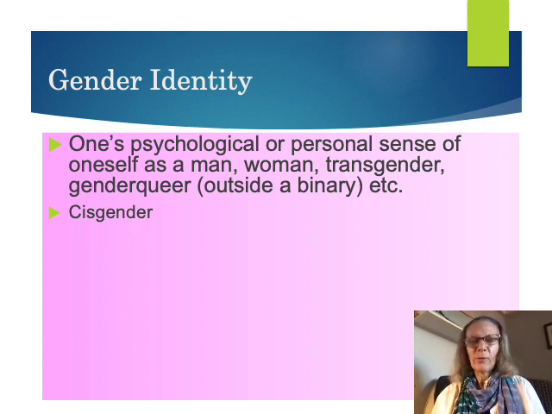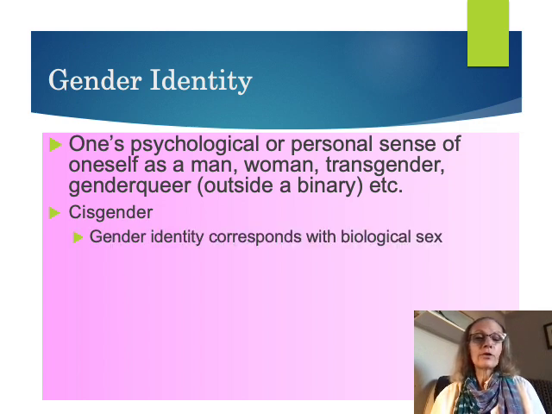You're probably familiar with some of the terms associated with gender identity. Cisgender is when your gender identity corresponds with your biological sex. And so if your biological sex is female, you have a vagina and ovaries, and you feel like a woman, right, then you would be cisgender.